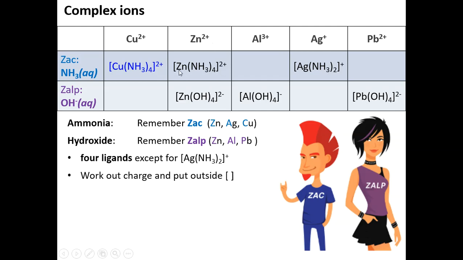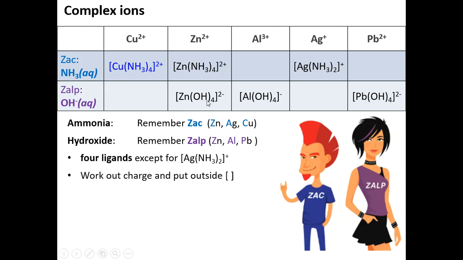Zinc, the same thing, is a Zn2+ ion plus neutral molecules, so it has a charge of 2+, and silver has a charge of 1 positive. With the neutral ligand, there's only 2 of course, because this is the exception, and so it has a charge of 1. OH, however, has a charge of -1.